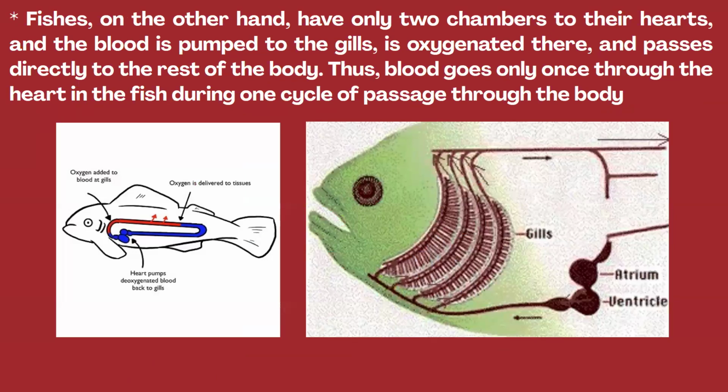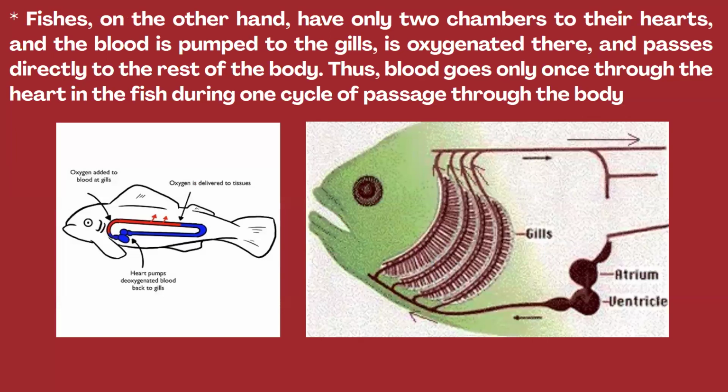This is also very important. Coming to the fishes, on the other hand, they have only a two chambered heart, and the blood is pumped to the gills, is oxygenated there, and then passes directly to the rest of the body. Thus, the blood goes only once through the heart in the fish during one cycle of passing through the body.